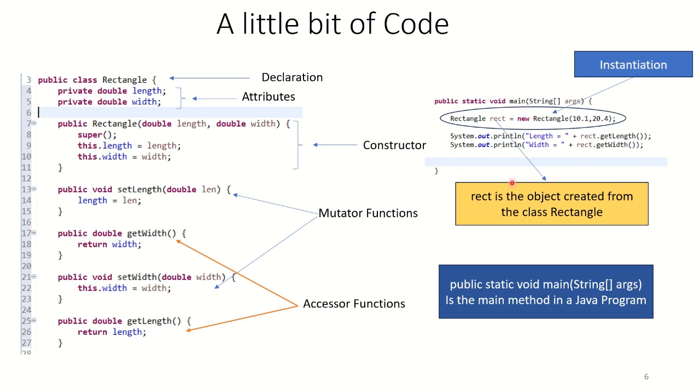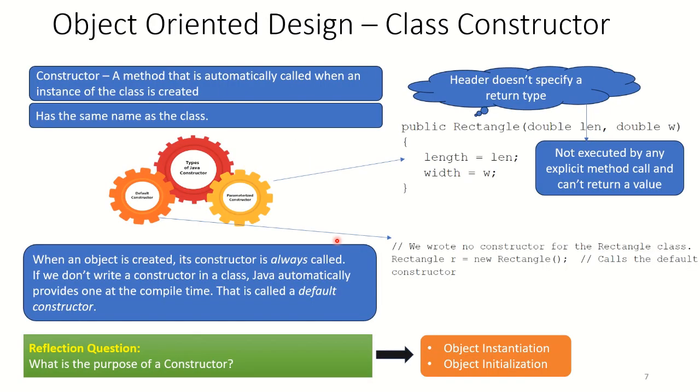You can also see a set of mutator and accessor functions. In Java, we generally use get functions such as getWidth, getLength as accessors, whereas the set functions such as setLength, setWidth as mutators. These are the conventions we follow when we code in Java. Now let's talk more about the constructor.